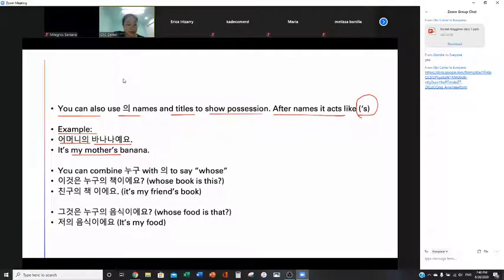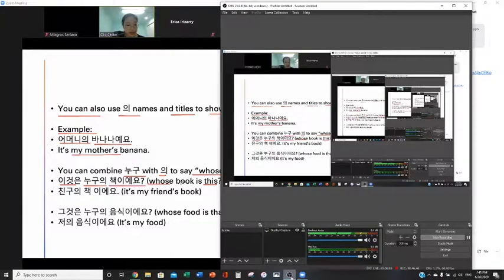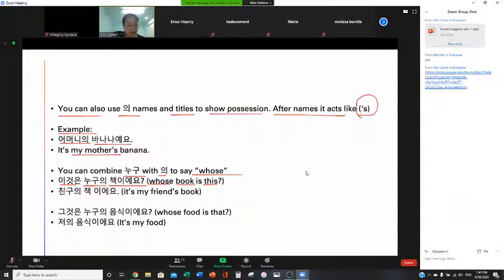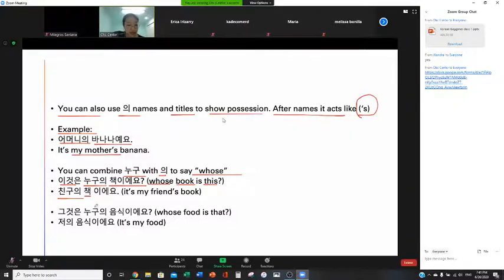And then you can combine 누구 with the 의 to say whose. So whenever you add 누구의, you're asking whose. So 이것은, remember we went over this, 이것 means this, right? 누구의 책이에요? Whose book is it? Then the answer is 친구의 책이에요.